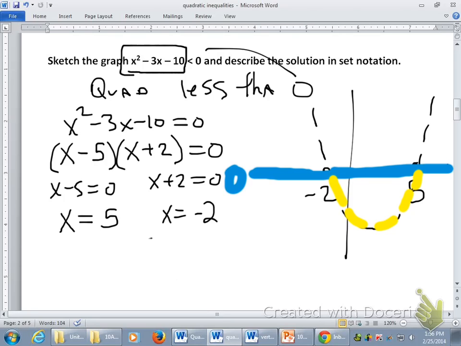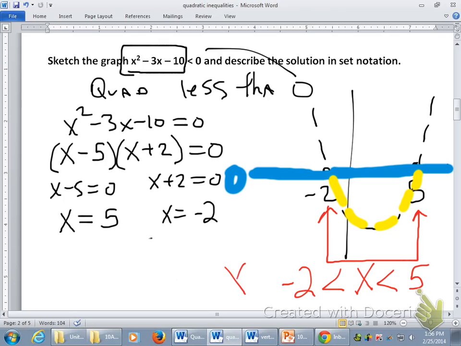That's when it's less than it. This part up here, I don't care about. This is the part that's less than it. So describe to me when this happens. It happens here to here, right? So my x's are between what two numbers? Negative 2 and positive 5.